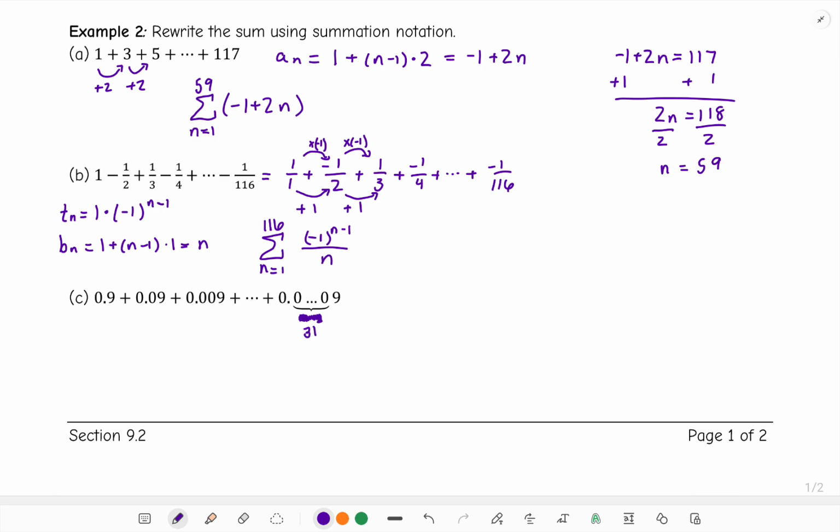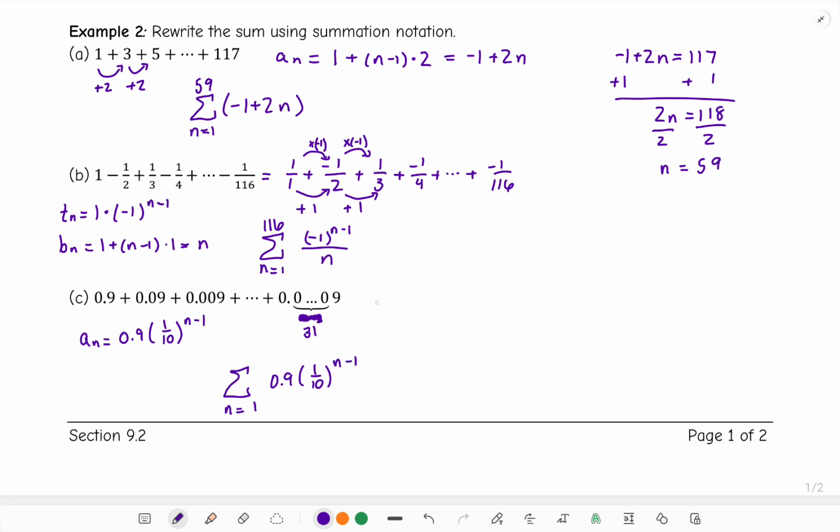So I'm hoping you recognize this as the geometric sequence that we did in section 9.1, in which case a sub n was equal to 0.9 times 1/10 to the n minus 1. So then we're taking the sum from n equals 1 of 0.9 times 1/10 to the n minus 1.